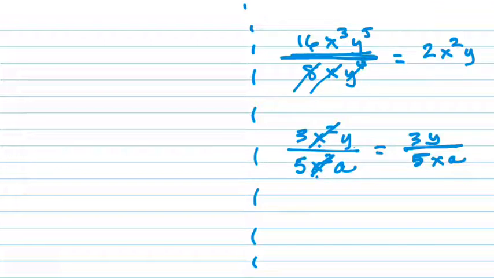Okay? So that's simplifying fractions. And simplifying fractions is the most basic idea behind fractions, which also means that they're not really going to give you any of those to practice on. But it's important that you understand it because you're going to use it in other ways too. Okay?